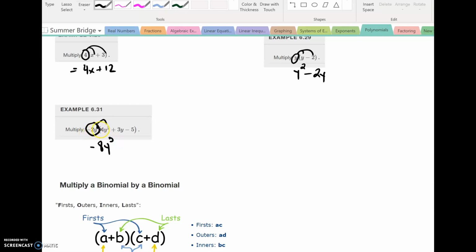Negative 2y times 3y is going to be negative 6y, and this is an exponent 1, that's an exponent 1, so this is going to be exponent 2. And then negative 2y times negative 5 is a positive 10y. Okay? And that's really just the distributive property.